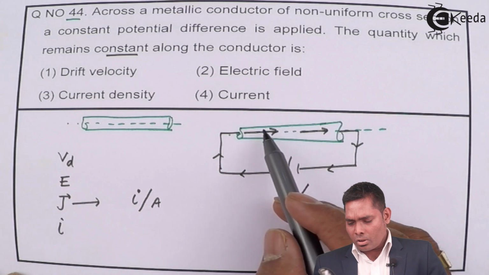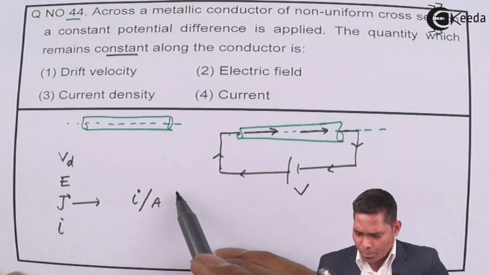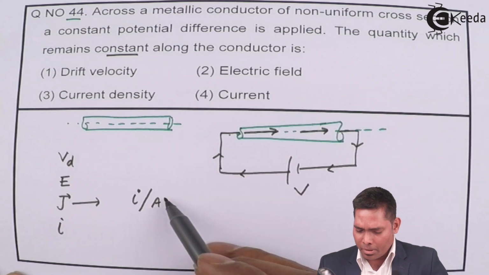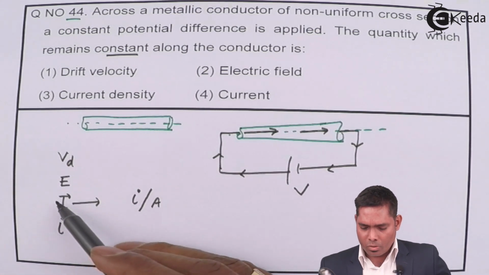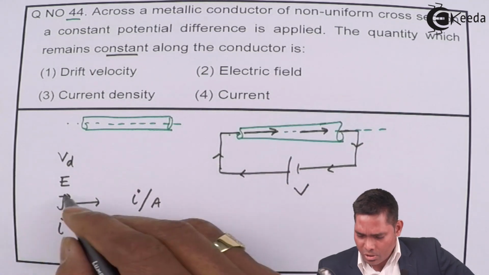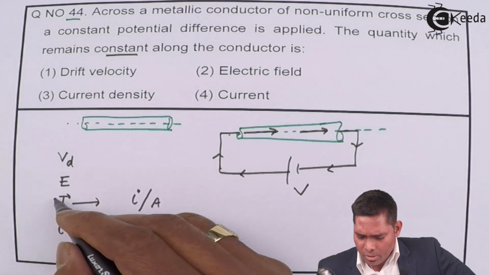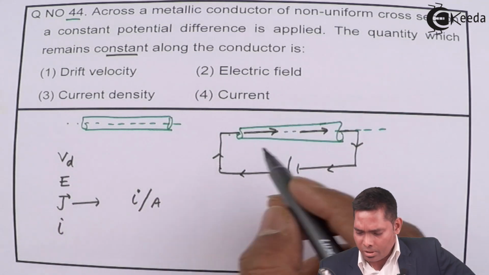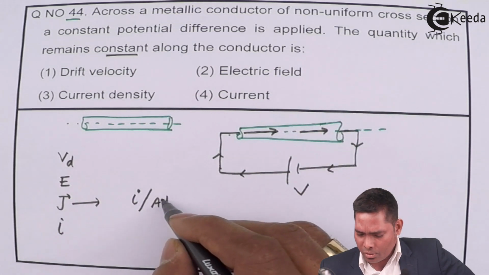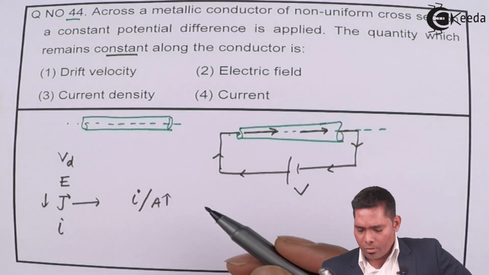How can you say that? Because A is, in this case, increasing, in another case might be decreasing, but J will change. In this case it is decreasing because A is more, so J is less. So J is not constant.